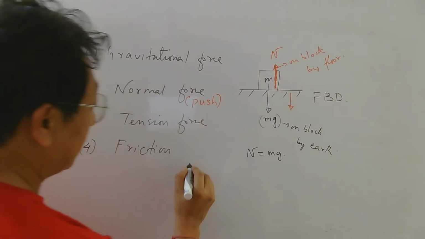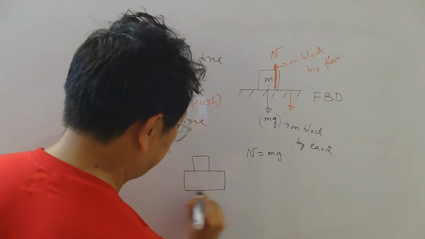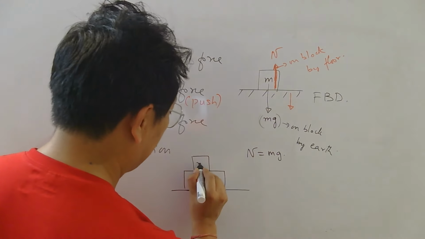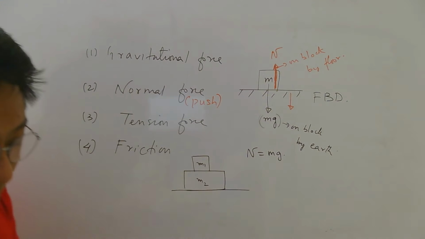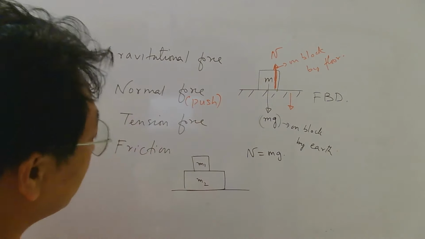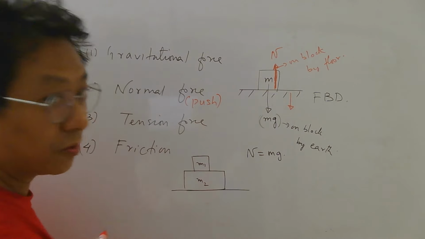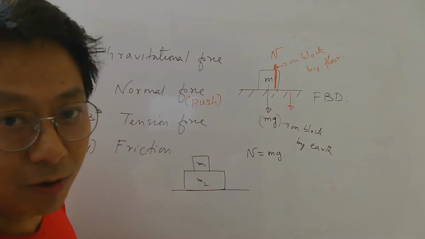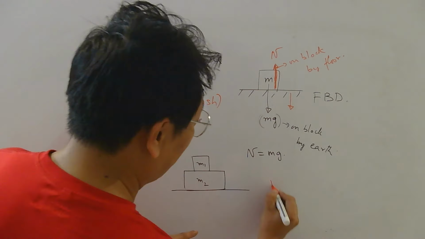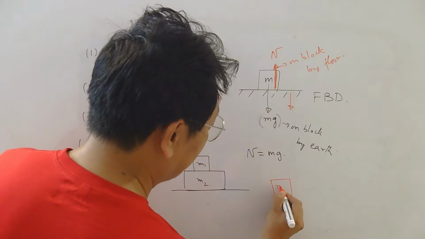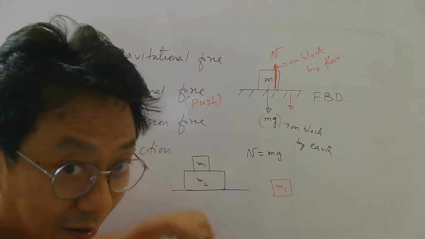Okay. Now sometimes you may have a two block system like this, M1, M2. So now if somebody asks you what is the normal force here between M1 and M2, don't show up or down without thinking who is the system. So if you choose M1 as system, then you know M1 is pushing M2 down.